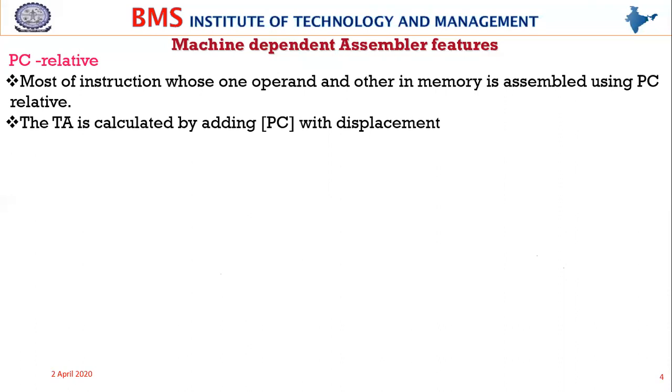Because you are at the fifth instruction, the PC will be holding the address of the sixth instruction, but the target address will be somewhere at the 10th or 11th instruction. So 12 minus 6, you get a displacement of 6. It's just simple math. So it will be a positive displacement.